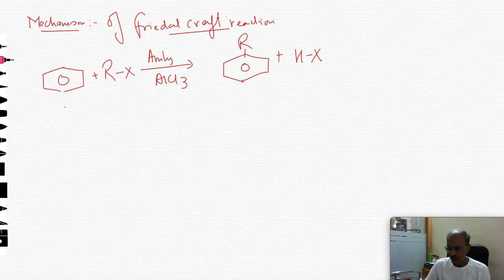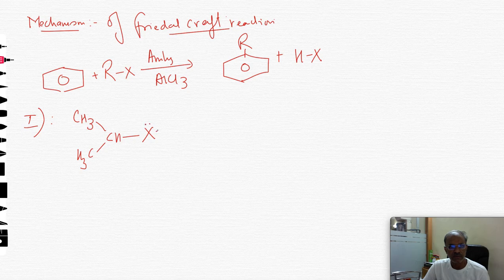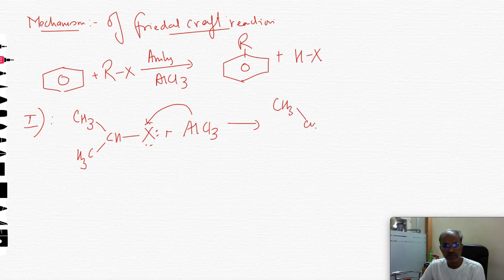You can say first, what is step 1? Step 1 is, suppose I take the alkyl halide as CH3Cl, it initially first reacts with AlCl3, giving CH3 plus positive charge.